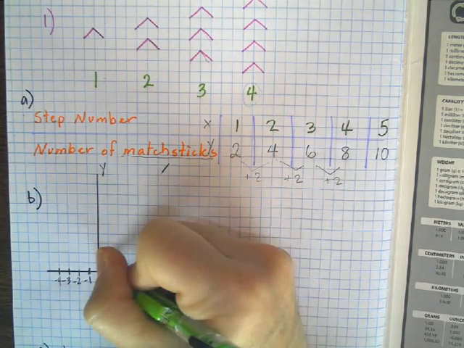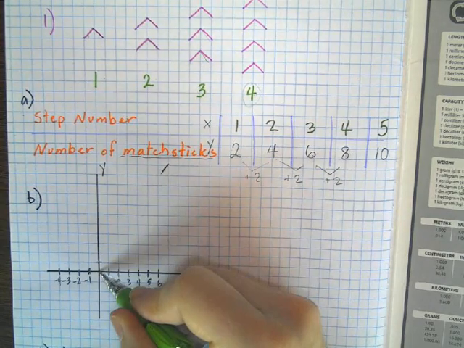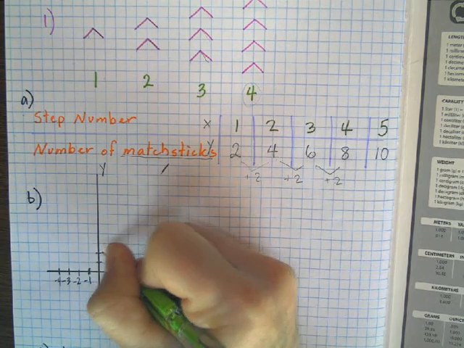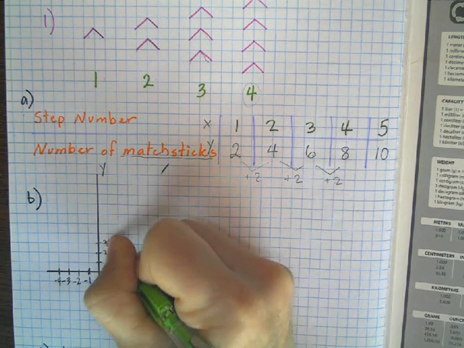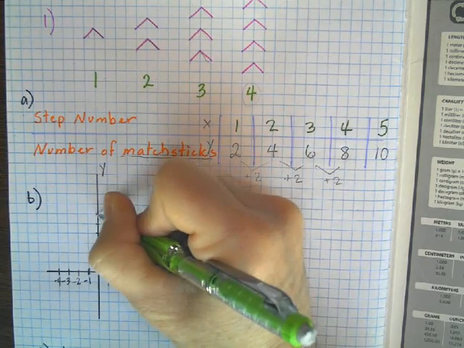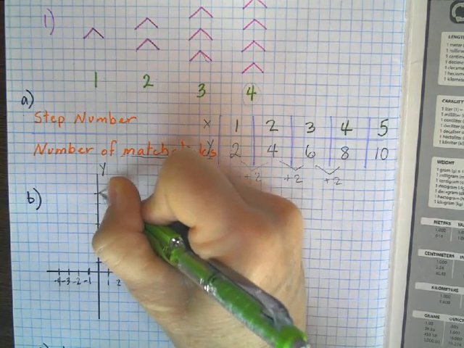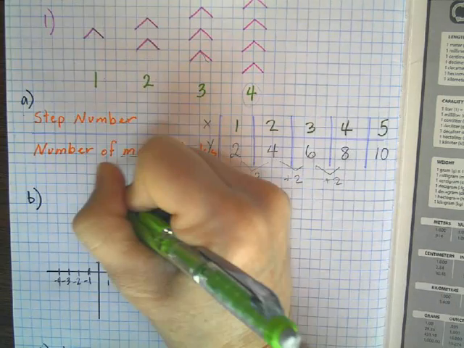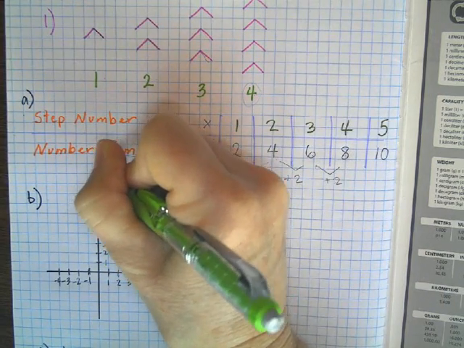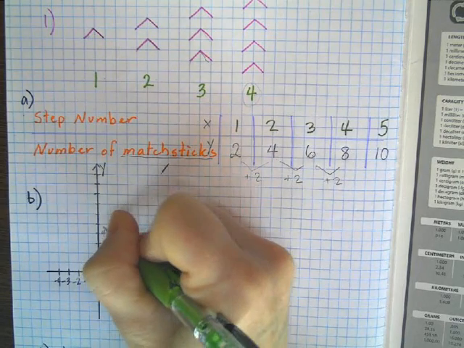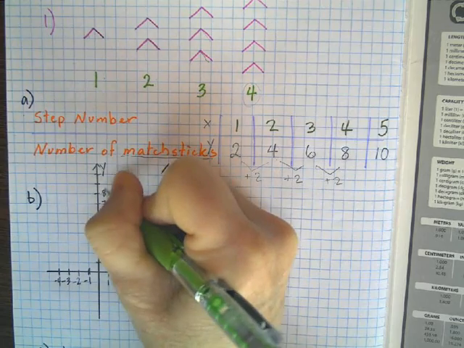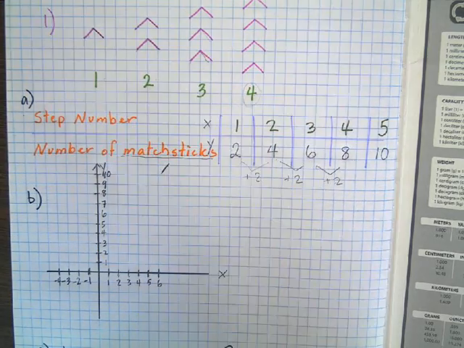Okay, and then I'm going up. This is 0. So this is 1, 2, 3, right on the line. 4, 5, 6, 7, 8. I know I'm going to have to go up to 10. So let's keep going. Ooh, I almost ran out of room. So 3, 4, 5, 6, 7, 8, 9, 10.